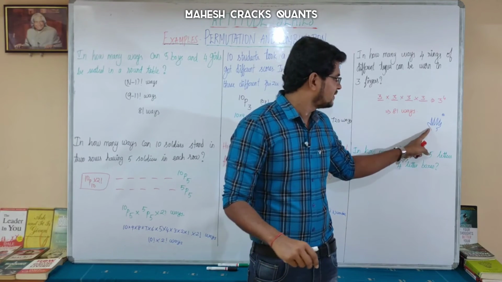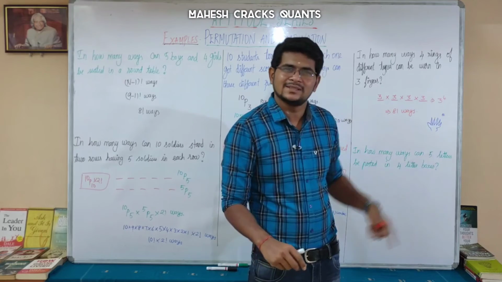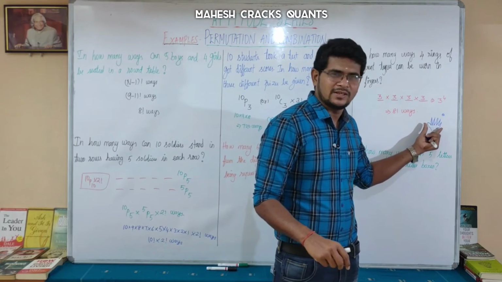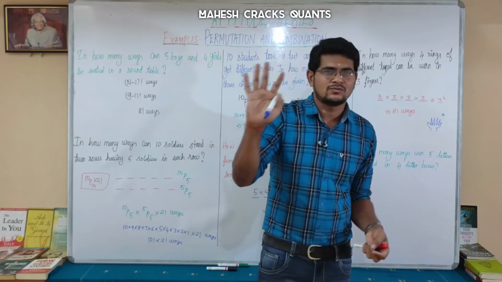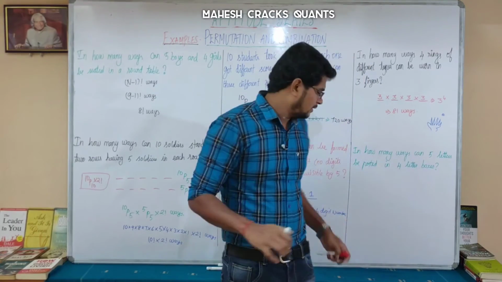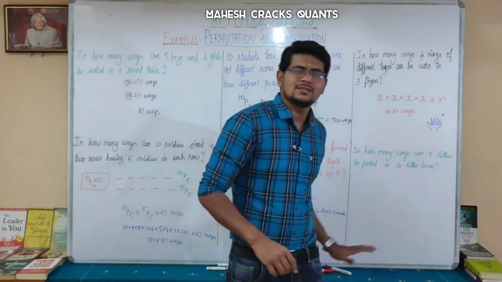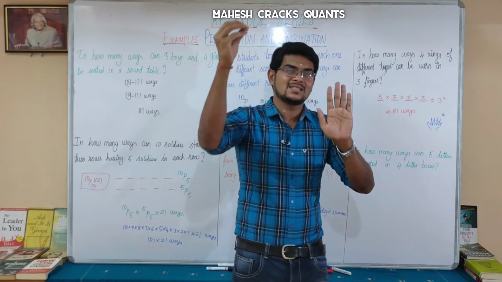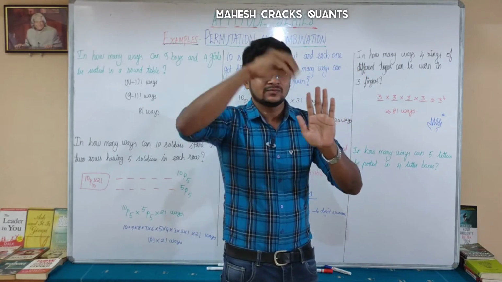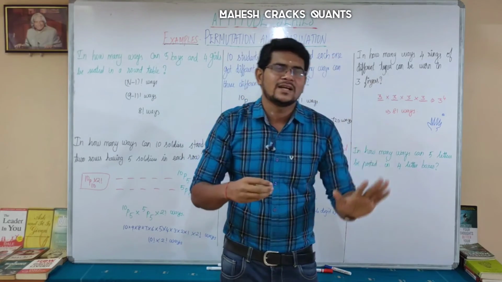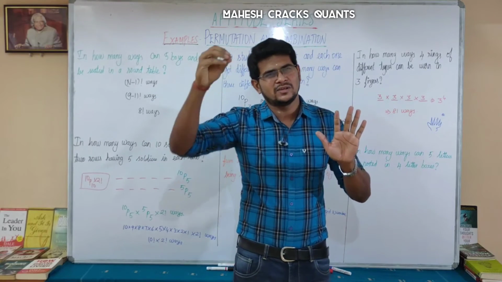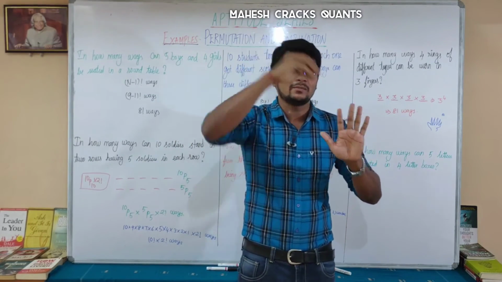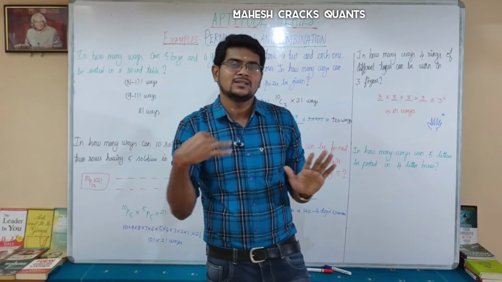So 3 power 4 is the answer. 3 is the number of fingers, and there are 4 rings. This is the base, and the number of rings is the power. So if there are 5 fingers and 5 rings, it is 5 power 5. If I have 5 fingers and 7 rings, it is 5 power 7. I can wear them in those ways.